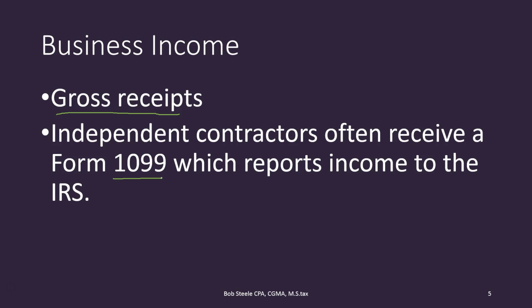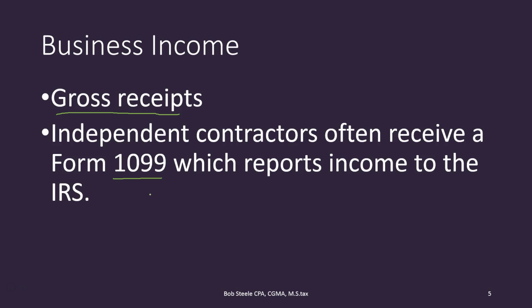On the other hand, you may not get a 1099 for all the work that we did. If we were the same painter, but we painted residential houses, it's less likely that we're going to get a 1099 because individuals are often not required to do that. That being the case, that doesn't mean that you don't have to report the income.